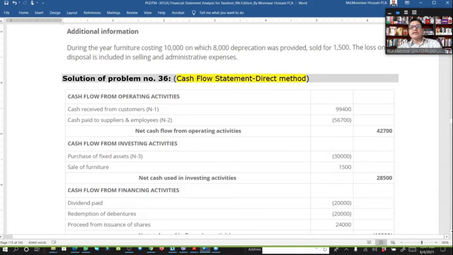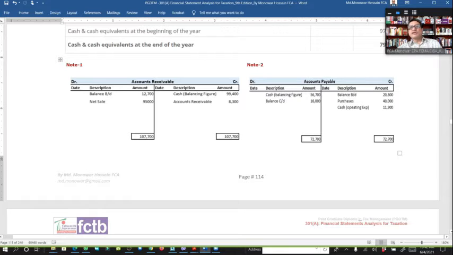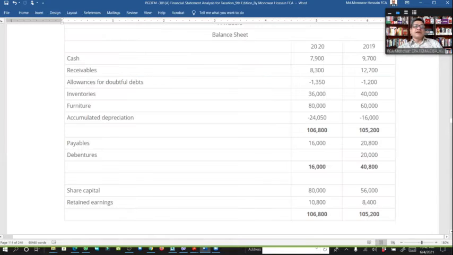This 99,400 is taken from note 1, and cash paid to suppliers and employees is taken from note 2. We take material from the supplier, our creditors, so we have to pay them.